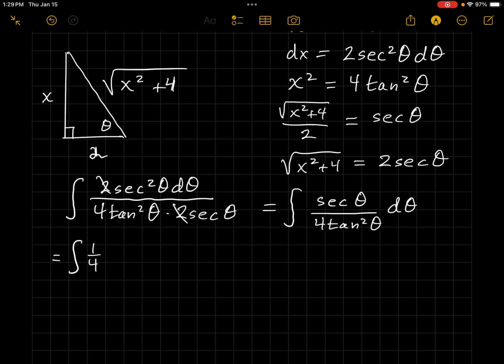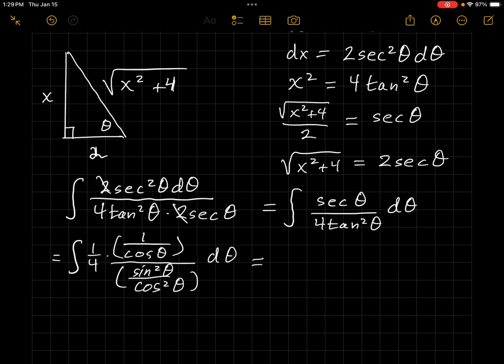So I'll move this 1/4 out over here. And then on top, I have 1 over cosine theta. And in the denominator, we have sine squared theta over cosine squared theta. Looks like I can simplify this one down a little bit.